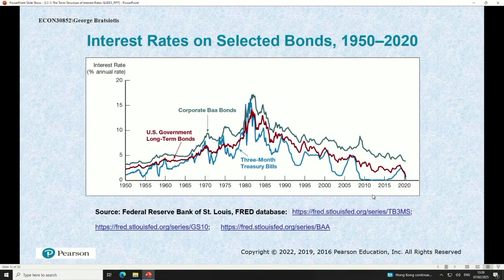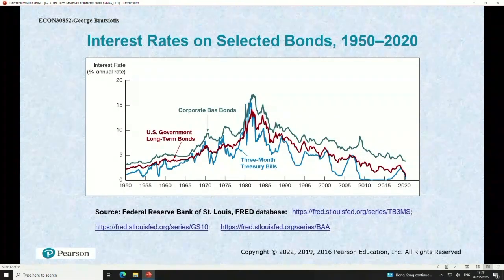the crisis around here, for example, and later on COVID-19, 20, can you see what happens? That spread between corporate bonds and government bonds becomes very large. And this is what I was saying to some classes.